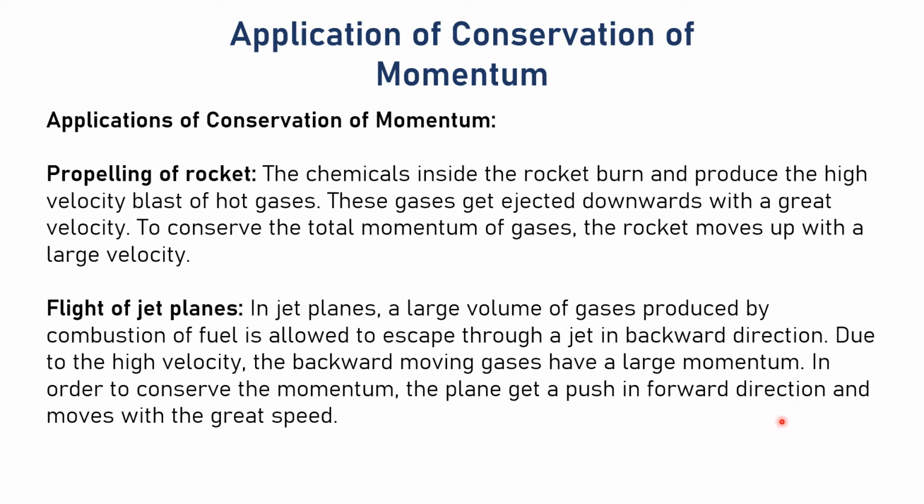And because of the opposite force acting by this escaping gas on the plane, the plane starts moving, and there is a conservation of momentum in this system. The plane gets pushed in a forward direction and moves with a great speed. Why? Because there should be a conservation of momentum.